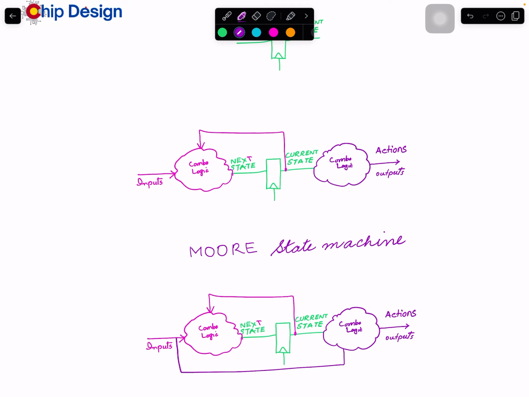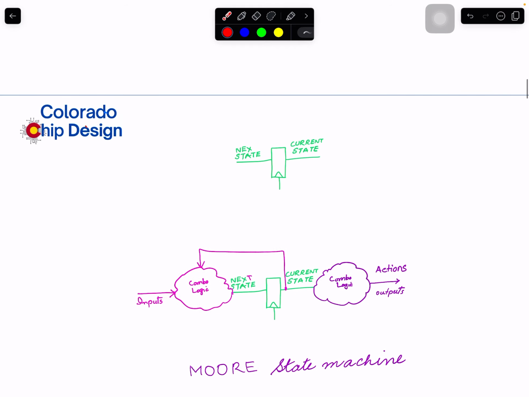So inputs coming here are also connected to outputs. That is called Mealy. I hope my spelling is right. Mealy state machine. Anyway, in this video, or maybe the next video, I don't know how long it takes me to go over this example of the Moore state machine, we will talk only about outputs generated based on the current state.